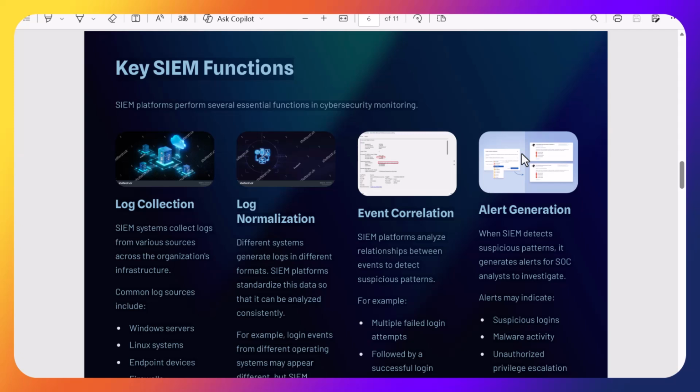Log collection. The first major function of a SIEM platform is log collection. SIEM systems collect logs from various systems across an organization's infrastructure. Common log sources include Windows servers, Linux systems, endpoint devices, firewalls, network devices, applications, and cloud devices.